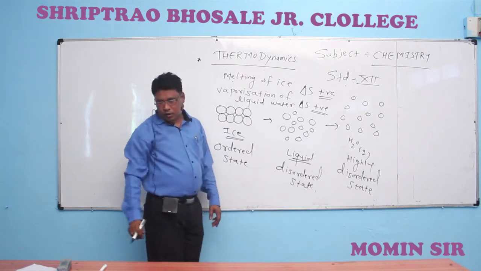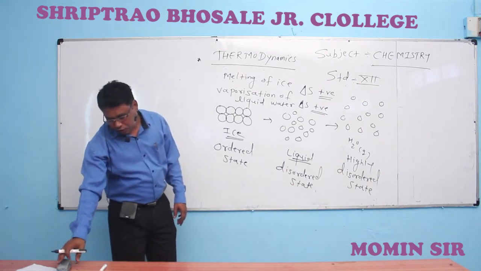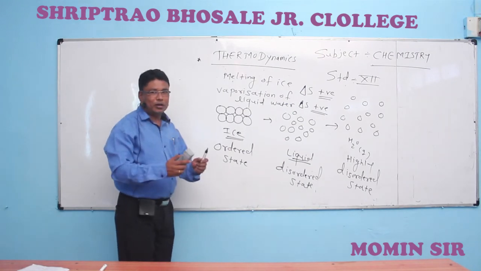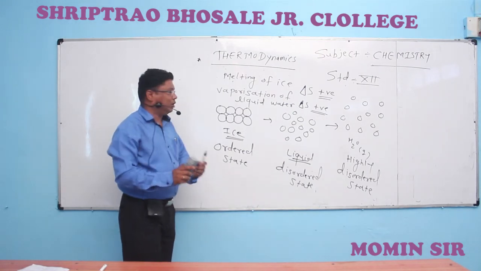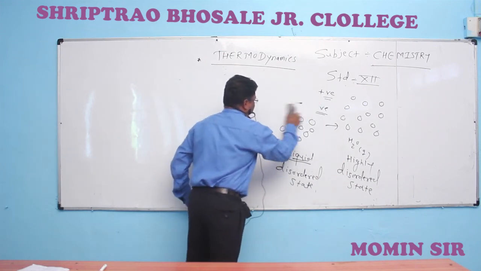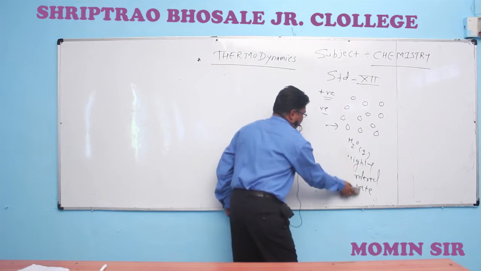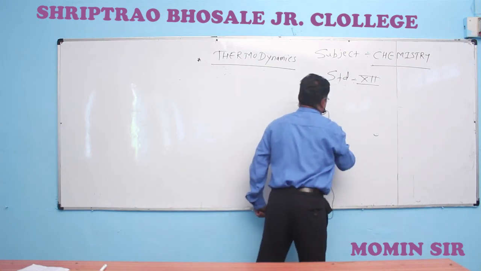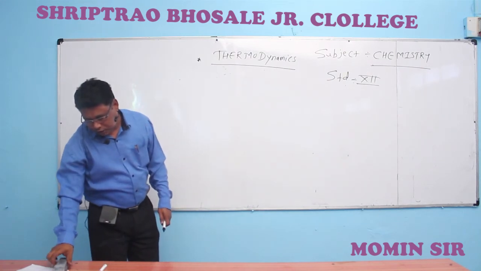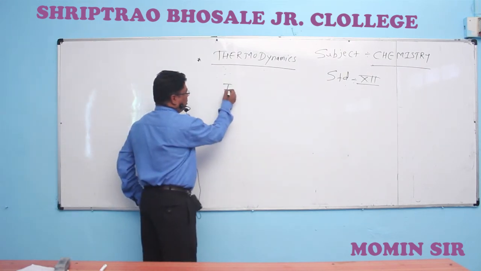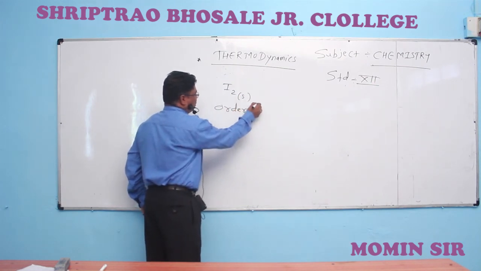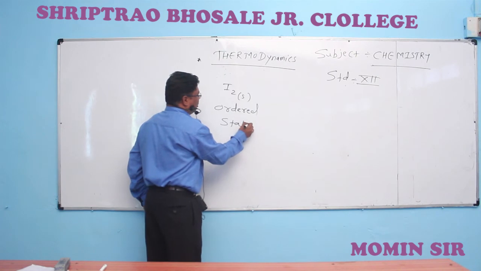So we want to know a few examples of whether the change in entropy is positive or negative. So pay attention here. Iodine, that is solid, we can write it is the ordered state.